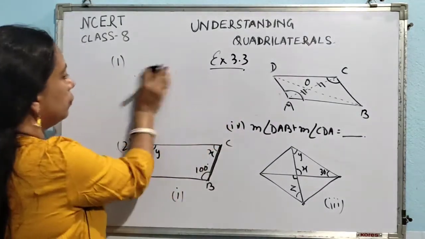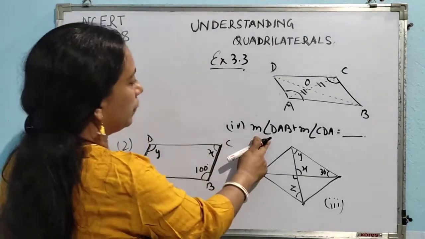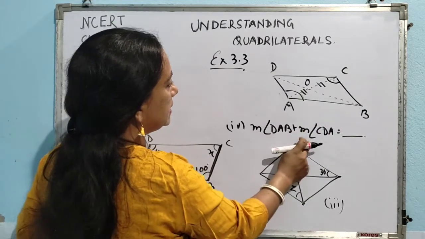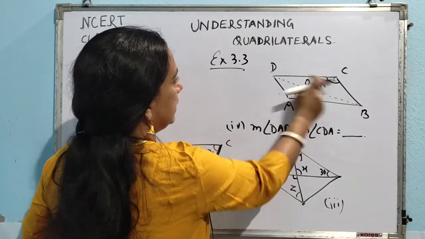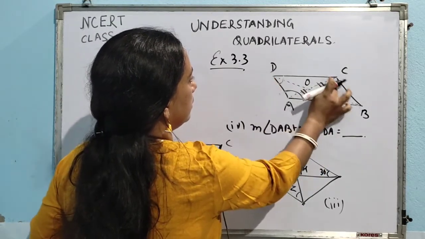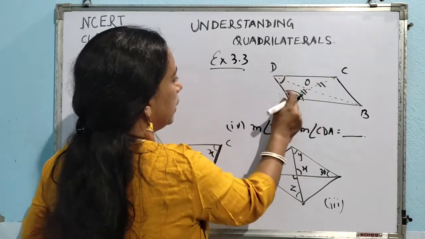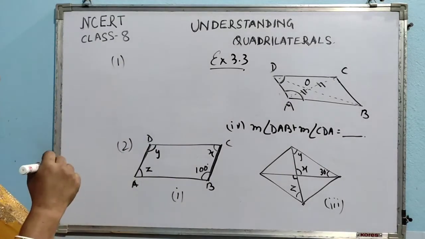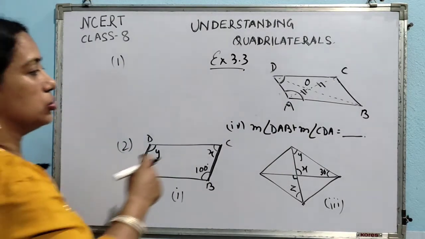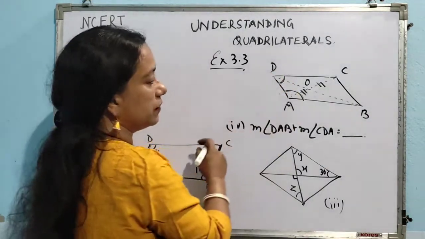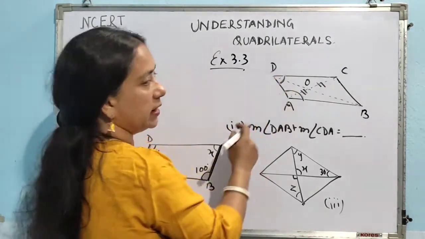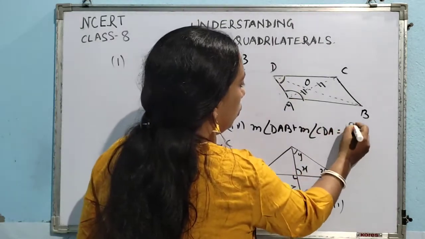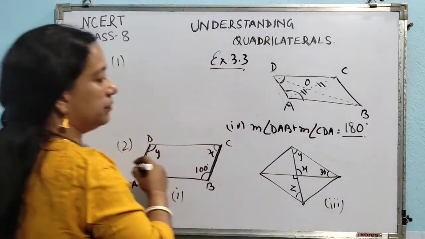Now coming to the fourth one, measure of angle DAB plus measure of angle CDA. CDA means this angle. So what are these two angles? This angle and this angle? These two angles are adjacent angles. So what you know about the adjacent angles of a parallelogram? Adjacent angles of a parallelogram are supplementary, means their sum has to be 180 degree. What will be the reason?